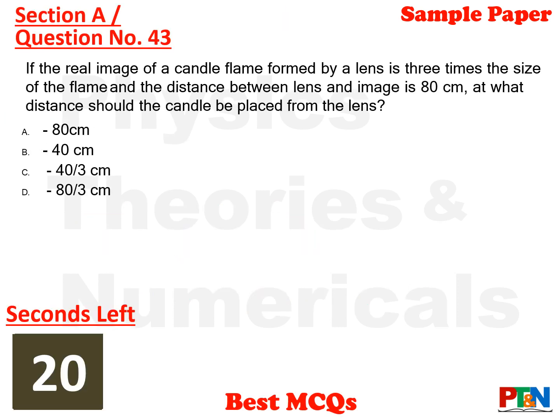Next one, question number 43. If the real image of a candle flame is formed by a lens that is 3 times the size of the flame and the distance between the lens and the image is 80 centimeter, then at what distance should the candle be placed from the lens? 4 options.